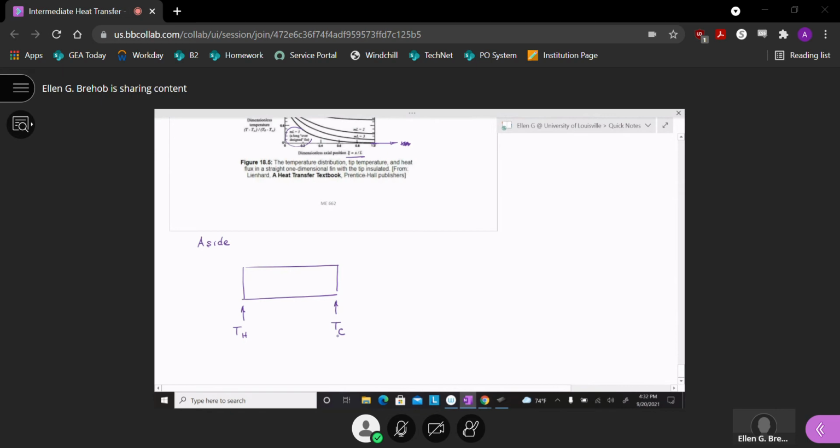And they gave us some information about the dimensions. I do not remember all of them, but maybe this was like 100 millimeters and this was 50 millimeters. And then I think the thickness was 5 millimeters, so even thinner.